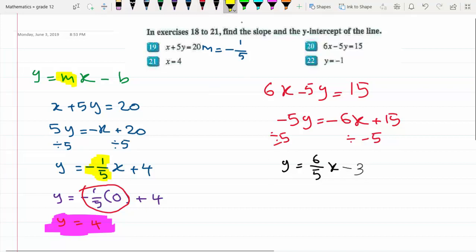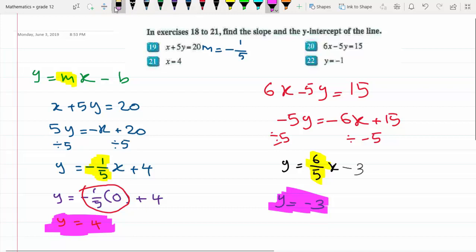Now, do we have y alone on a side? Yes. The coefficient of x is the slope. To find the y-intercept, we're going to put 0 in place of x, and we will get y is equal to 0 minus 3, which is negative 3. This one is the y-intercept for the second equation.